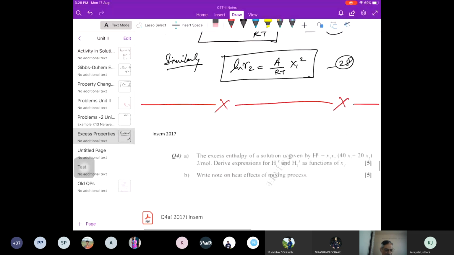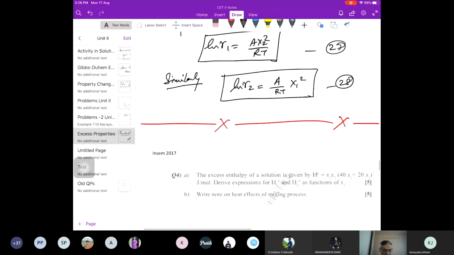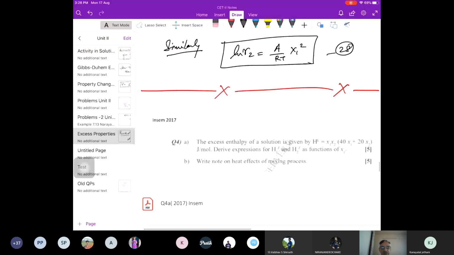Okay, I'll be sharing the notes with you. You'll have all these notes. This comes in the exam, generally sometimes, not always. Like this is 2017. Excess enthalpy of a solution is given by H^E is equal to x1 x2 into (40 x1 plus 20 x2). Derive expressions for H1 bar E and H2 bar E as functions of x1.